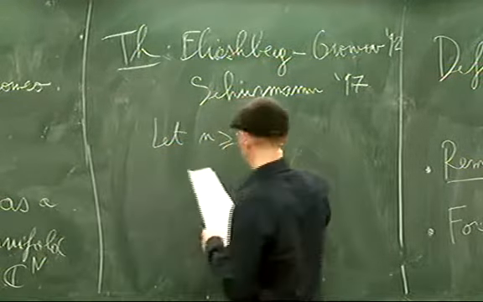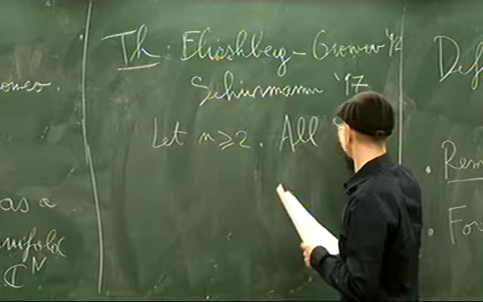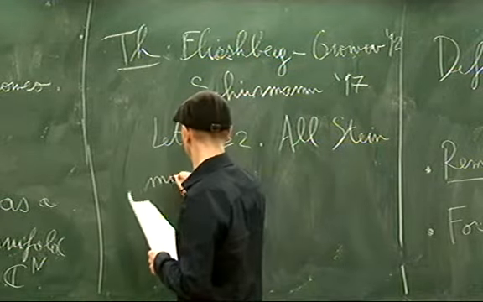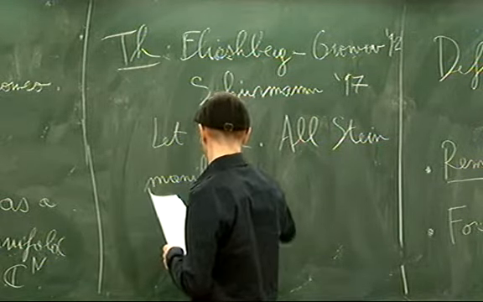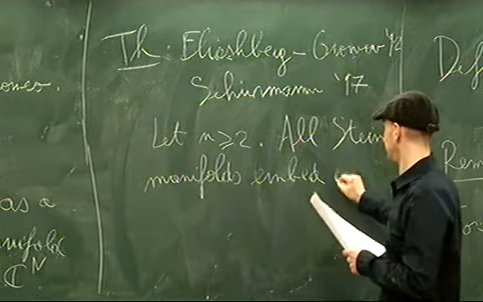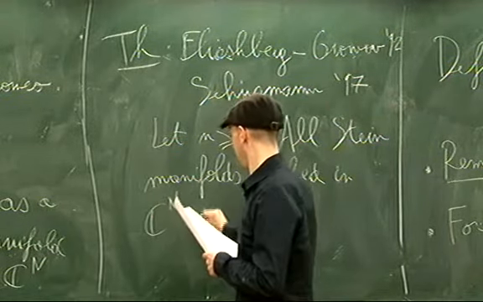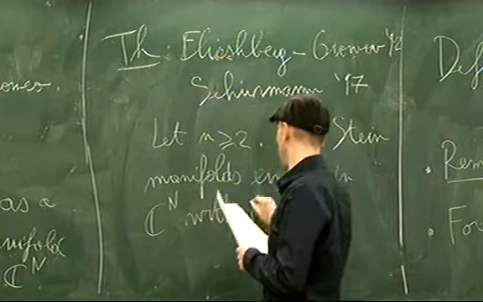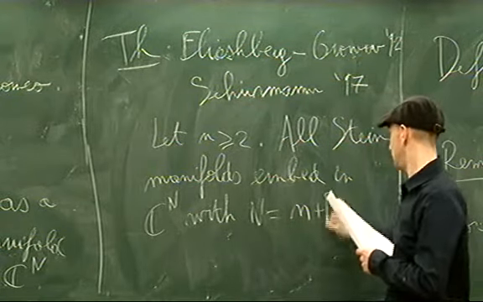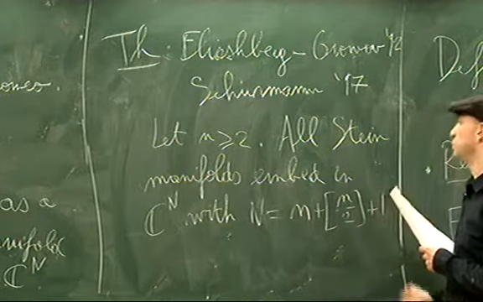then all Stein n-manifolds embed in C^N with N equal to n plus the integer part of n over 2 plus 1.